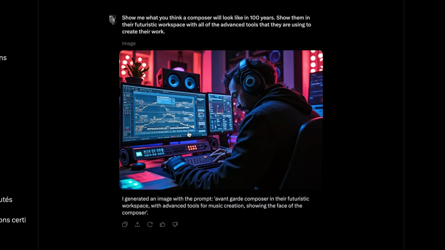Because I'm curious about the future, obviously. This is not futuristic at all. Like this just looks like an ordinary composer working today at a DAW, right? A digital audio workstation. So he's got a totally ordinary looking computer monitor. He's got some kind of MIDI sequencer open in front of him, studio monitors. He's got his little weird plant, cactus type thing, and he's got his headphones.